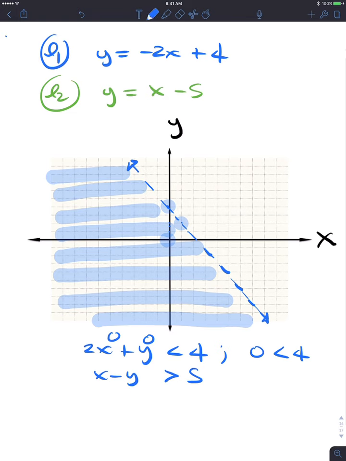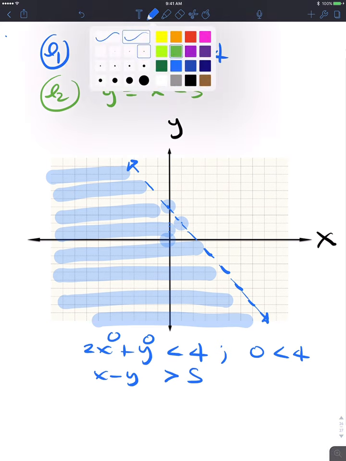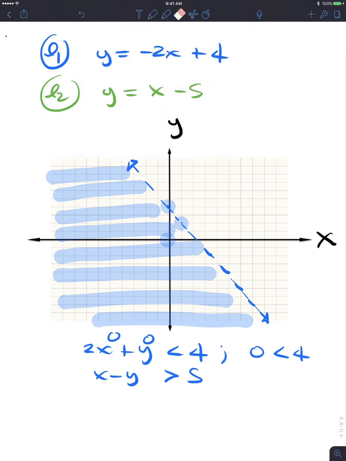Now in green, let's try this out. We have the inequality x minus y greater than 5 in green. We know we have to graph this as y equals x minus 5.